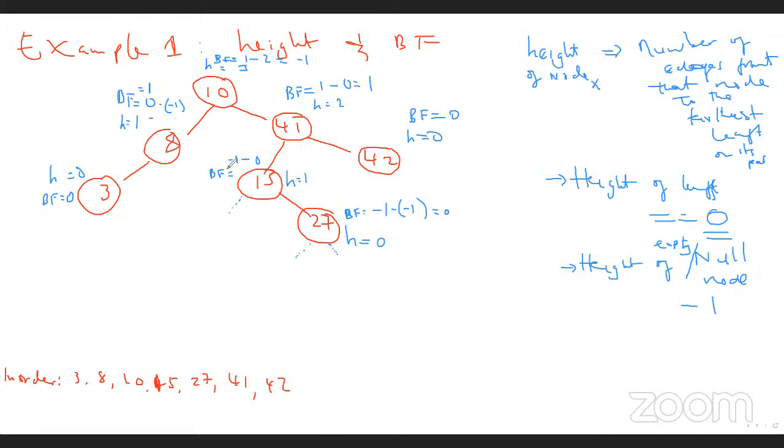So if we look at all these nodes here, the balance factor for all of them is between -1 and 1. So this tree is balanced. You see how we do that? So first of all, what we did, we garnered the heights, and then we looked at the balance factors and determined that this tree is balanced.